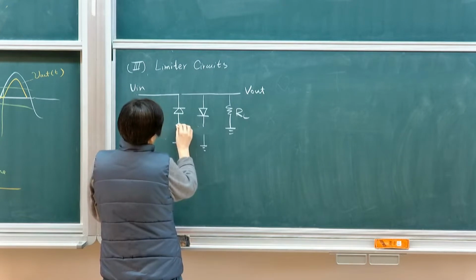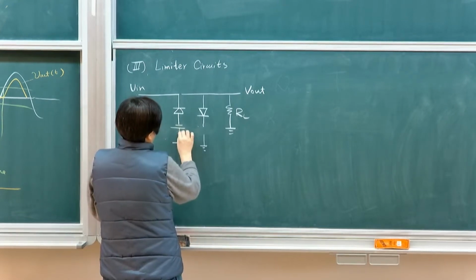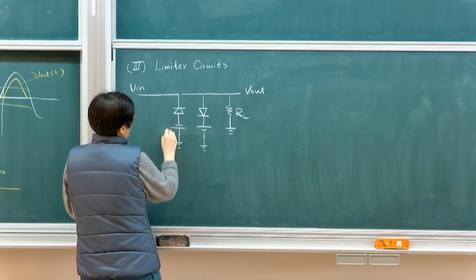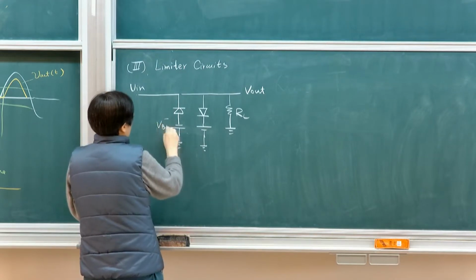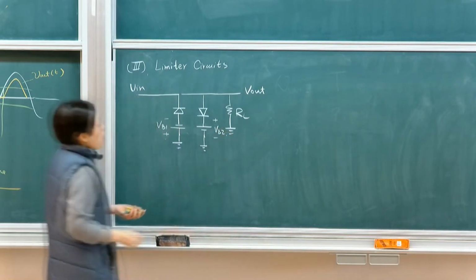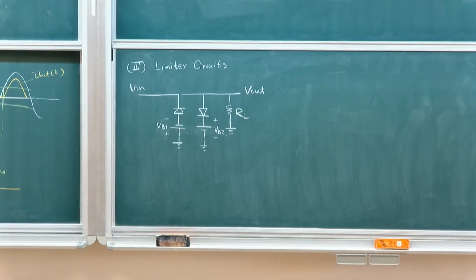Just want to make sure my directions are right. Okay, so this will be VB1. This will be plus minus VB2. Okay? So this is when you place the diode in parallel instead of bridging the two.